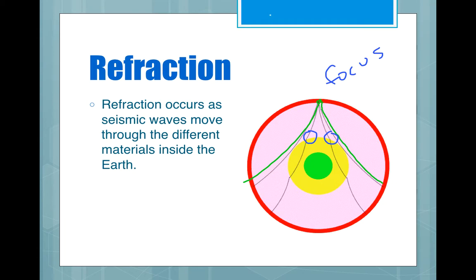That's called refraction. So it continues to travel then through this other layer of the Earth, and again, as it changes layers, it refracts again, as evident by those 2 points. So refraction is those areas where the seismic waves bend.